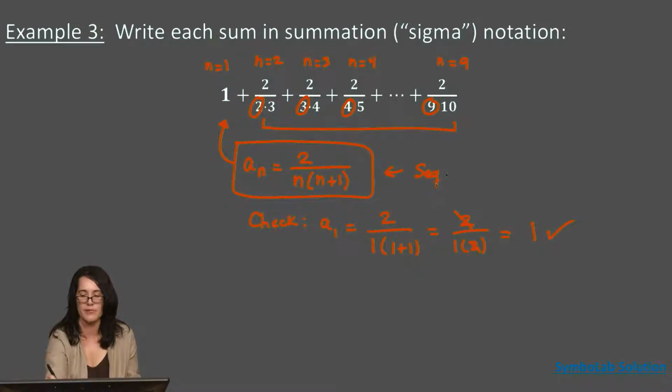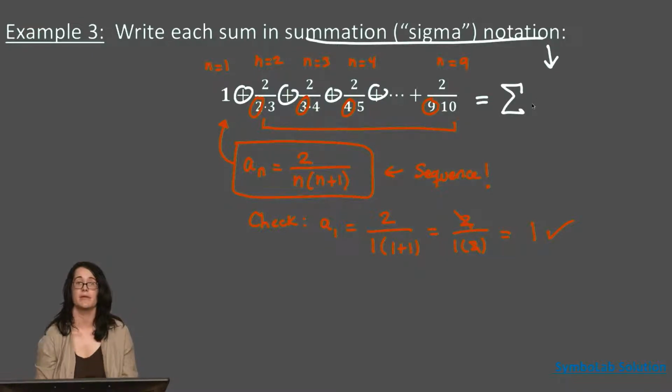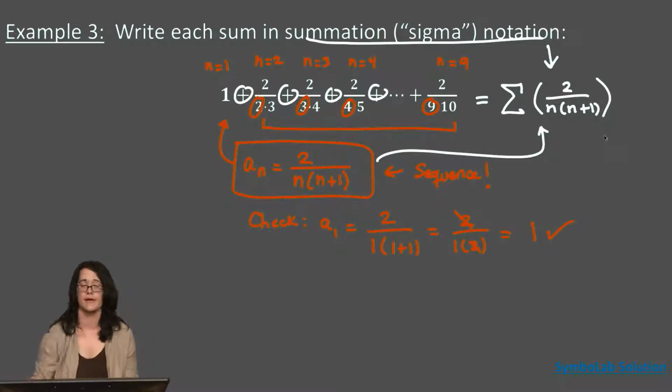Okay, so now we know the sequence pattern for the nth term. We can get any term if we know its term number n. So how do we write this in summation notation now? Sigma or summation notation, because it's a sum, we're adding these terms up. Well, that's right. We would say this would equal capital Greek letter sigma, take our sequence pattern and input it usually in parentheses, so 2 over n times n plus 1, or if you prefer, n squared plus n.